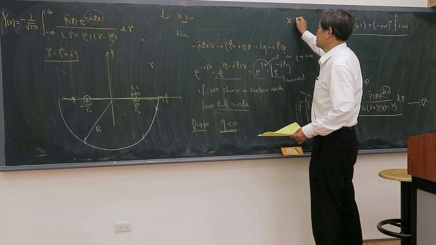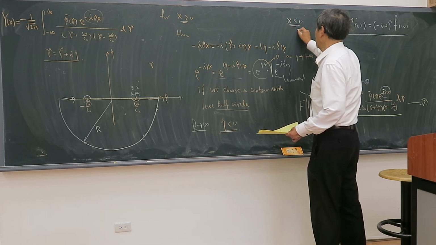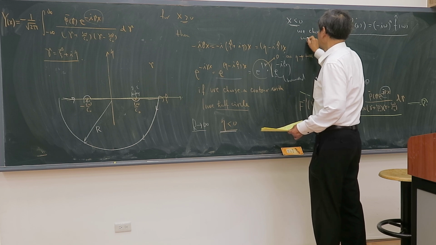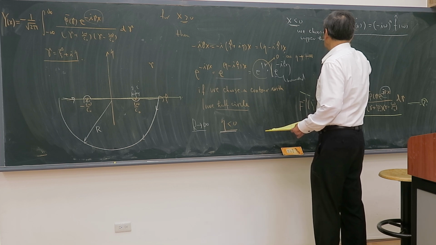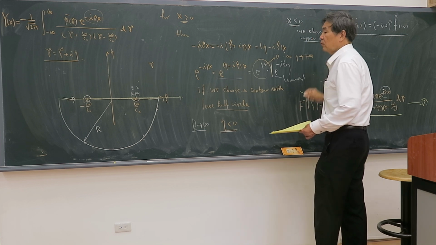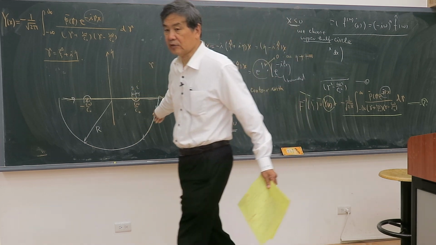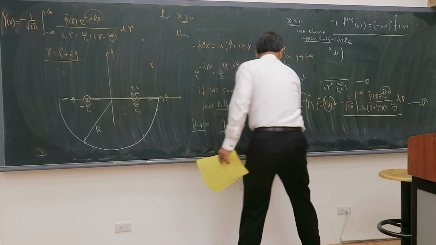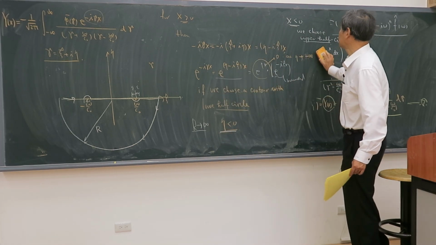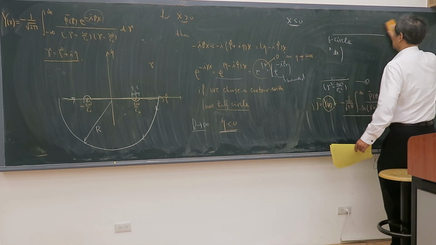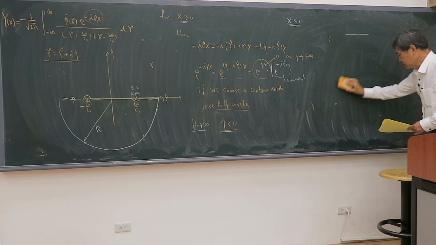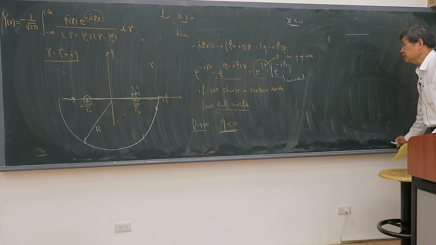For x smaller than 0, we choose the upper half circle. That explains why we choose this contour. All right? Okay. So this is the first part of this integration.